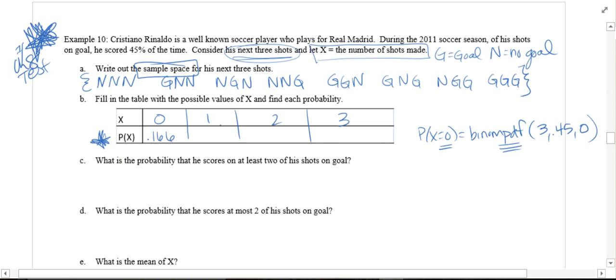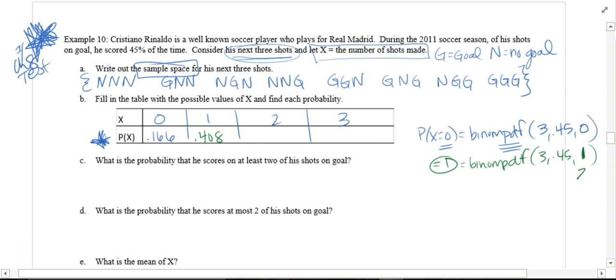Now when I do it for probability x equals 1, the only thing that changes is the 1. I'm going to do binomial PDF again, but instead of the 0, I'm just going to stick in a 1 right there. So just hit second enter and go back and change the 0 to a 1. That should be 0.408.